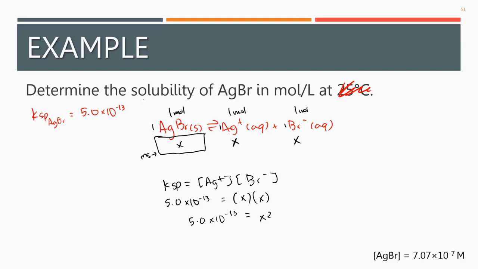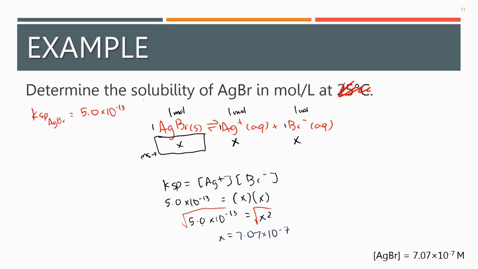How do we get rid of that square? We don't want to know X squared. We want to know the concentration of X. So we are going to square root this, and we square root this, and we get X is equal to 7.07 times 10 to the negative 7.